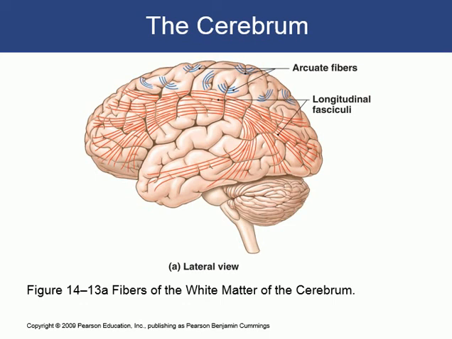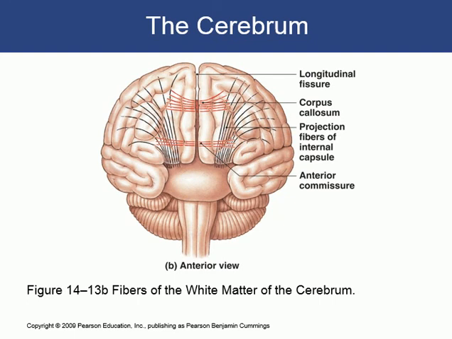Connecting gyrus to gyrus, arcuate. This is connecting one lobe to the other lobe, the longitudinal fasciculus. This is between the two hemispheres. So what is it? Commissural, right? Like the corpus callosum and anterior commissure.